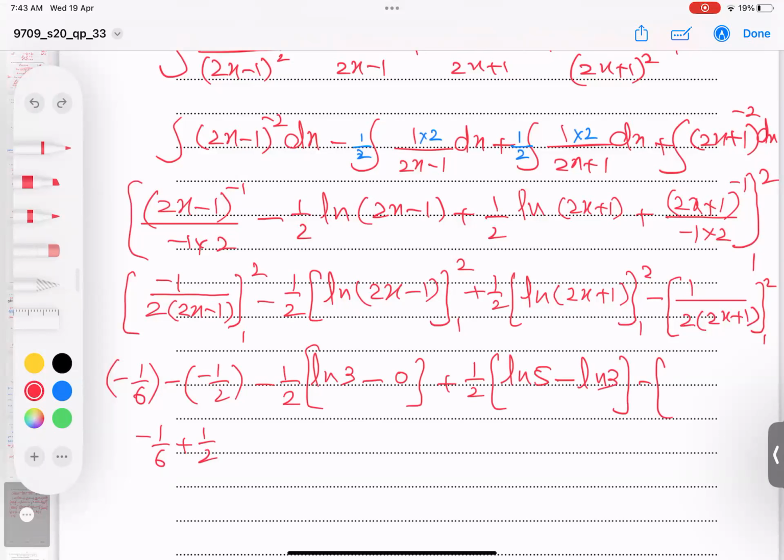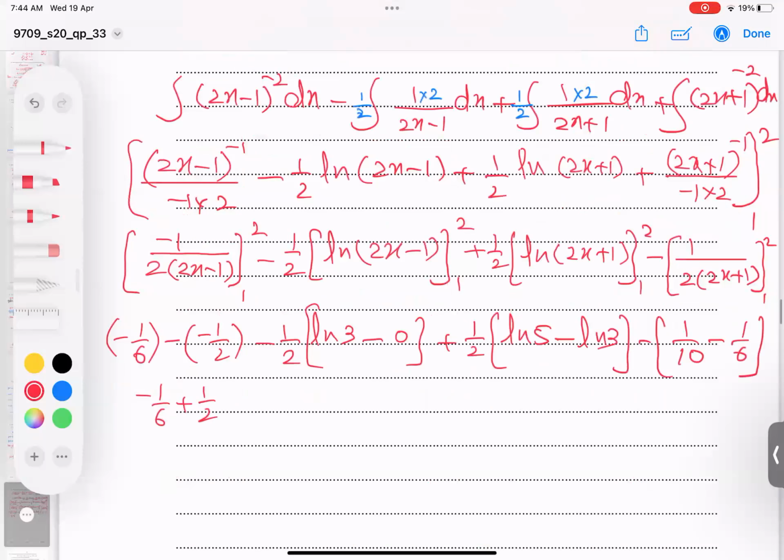Yes, that negative sign I brought inside and that outside, but no problem, same thing. So when I plug in 2 here, 2 to the 4 plus 1, 5, 5 to the 10. Minus, when I plug in 1 here, I got a 3, 3 to the 6. And -1 over 3 logarithm of 3, and plus half logarithm of 5, and minus half logarithm of 3.